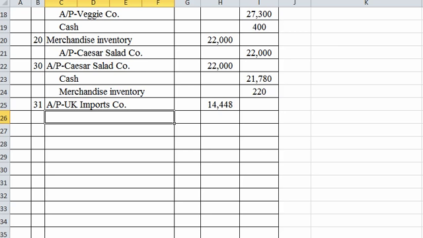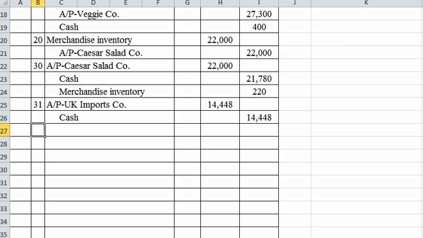That takes it off the books. There's no discount involved. So we credit cash, the asset, to reduce its balance by $14,448. Those seem easy now after the ones where we have to calculate a discount, I guess.